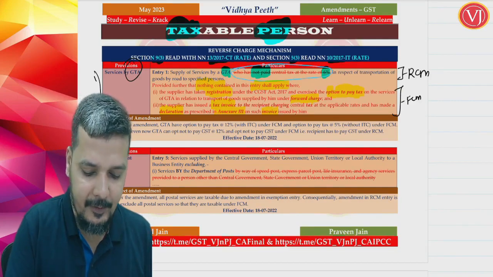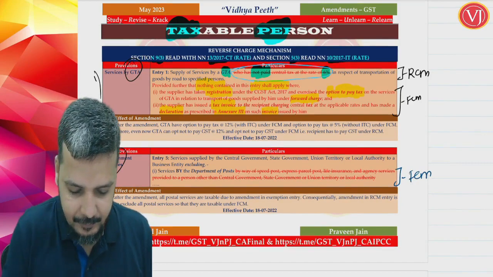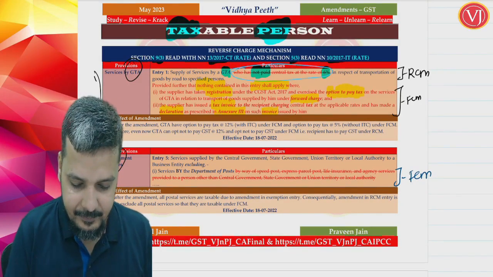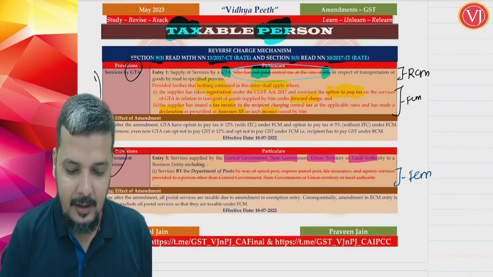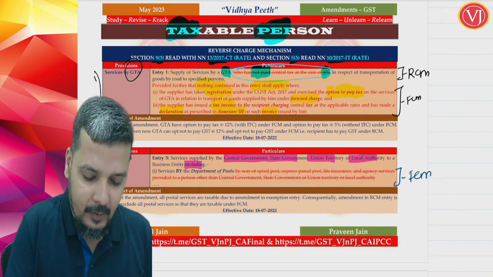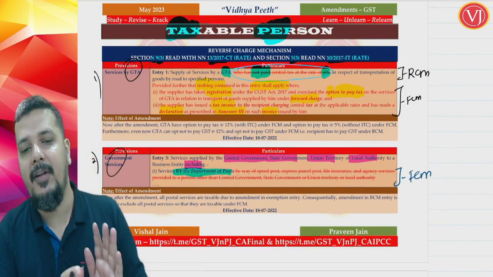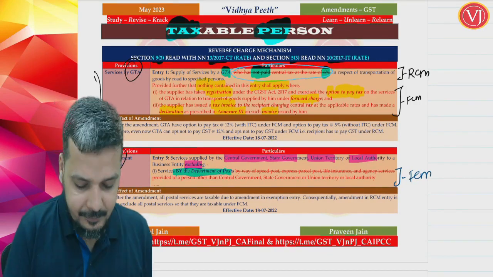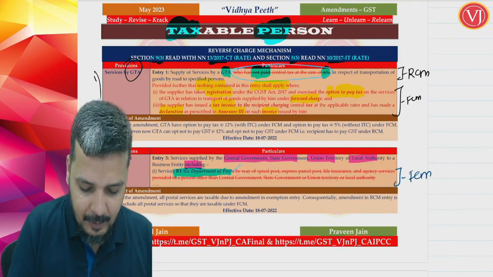Previously it was telling that service by way of Department of Post is not under RCM, excluding, because government services are basically under your FCM, under your RCM, excluding. Now in that excluding, they have removed the reference to Department of Post. So if it is by Department of Post, it would be FCM only.